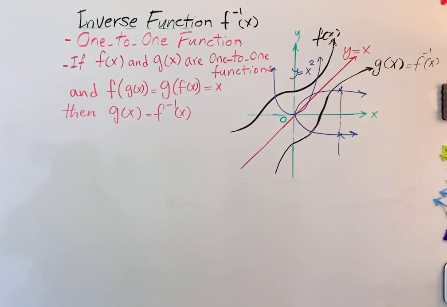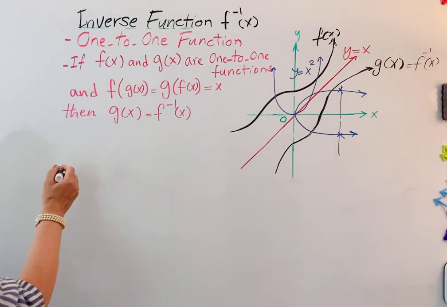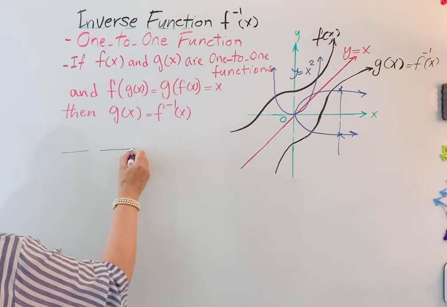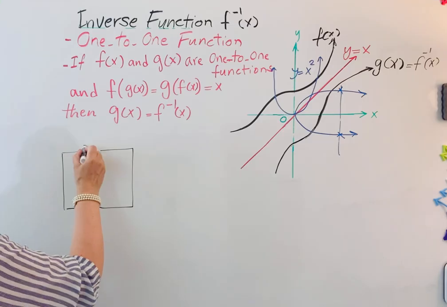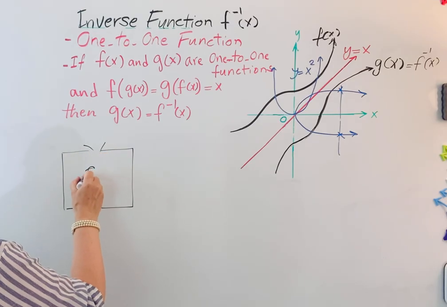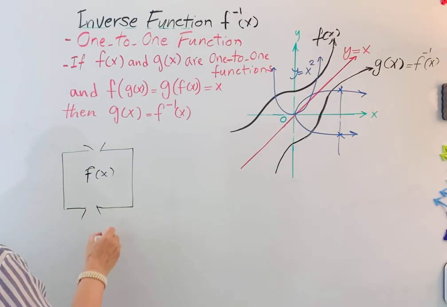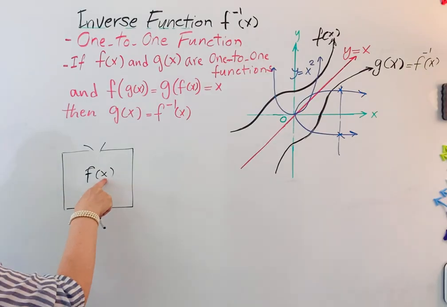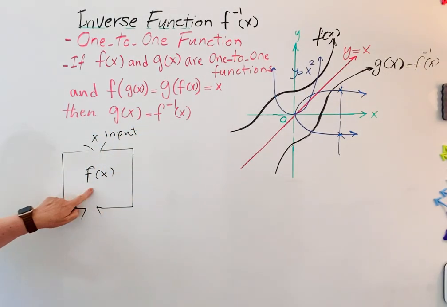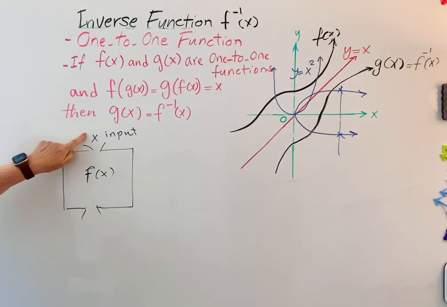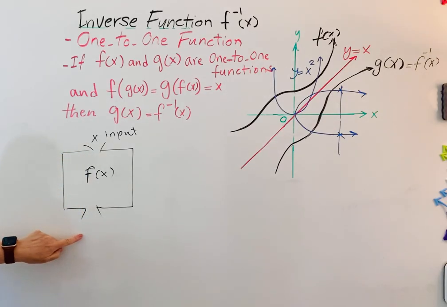Okay, what does it mean? Very simple. If you have f of x like the machine I had before, a very high-tech machine, x is the input. This machine is a function. When we have an input, what is the output?